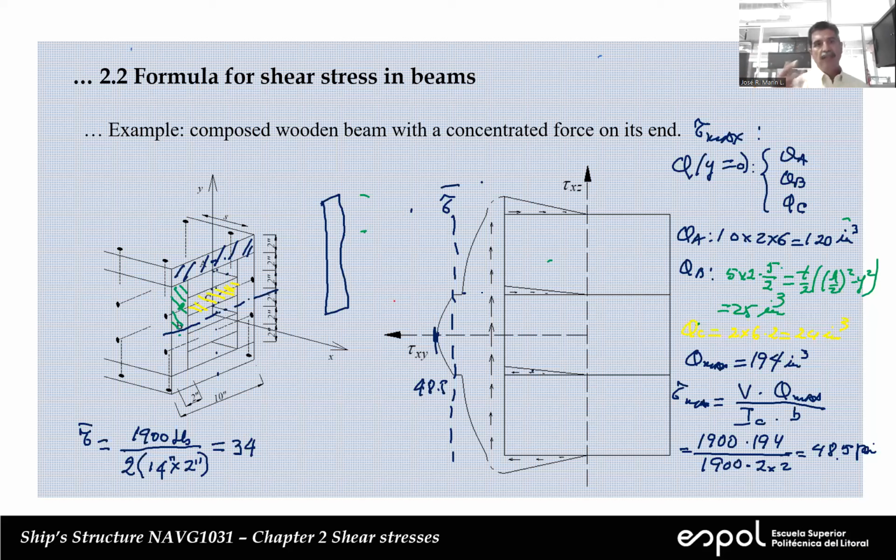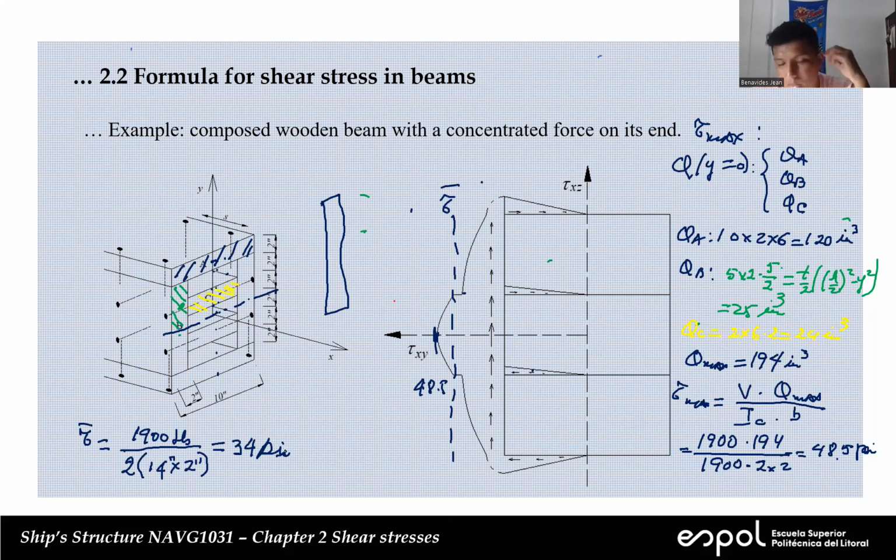Here, the section is a little bit more complex, and there is also this doubt about the corners. And we include it completely, and I don't think that's quite correct. But anyway, it's a good idea for you to check. So if you have to calculate this, it's always a good idea to calculate the average.